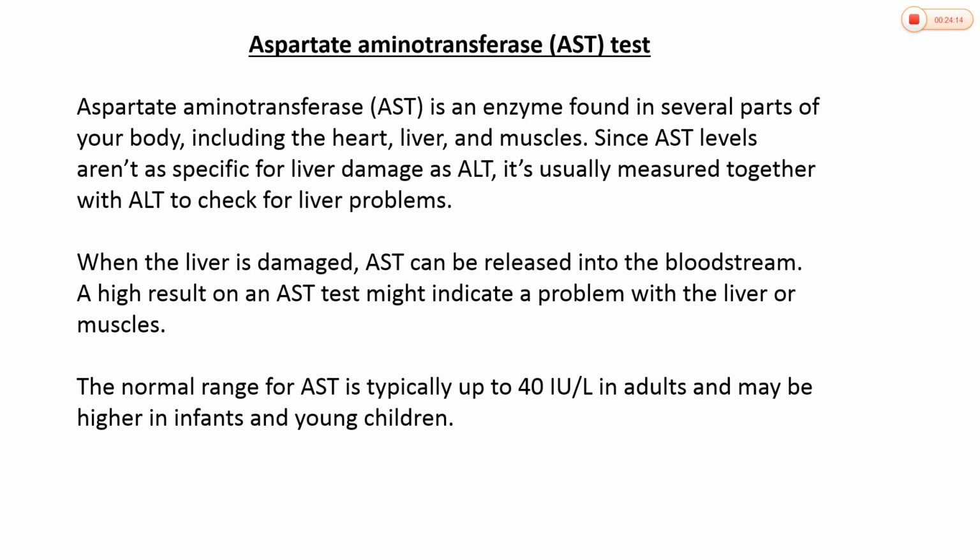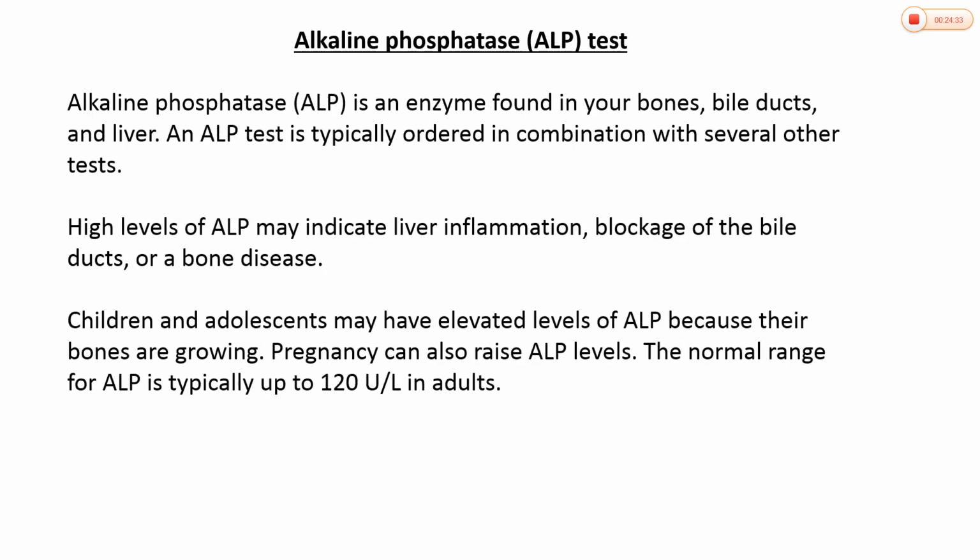When the liver is damaged, AST can be released into the bloodstream, and a high result on an AST test might indicate a problem with the liver or the muscles. The normal range of AST is typically 40 international units per liter in adults and may be higher in infants and younger children.